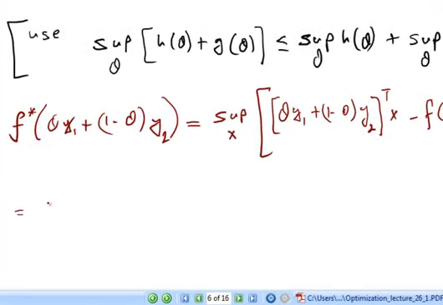So that is the same as writing the supremum over all x of theta y1 transpose x, and then I can do the standard thing. You break f of x into theta f of x and 1 minus theta f of x. Correct? So it's minus f of x.